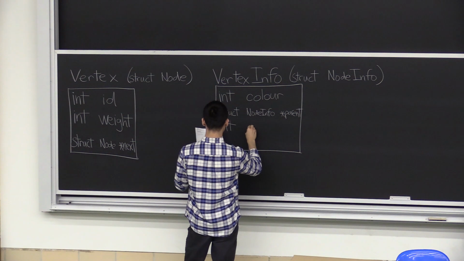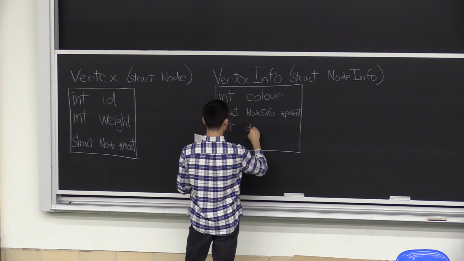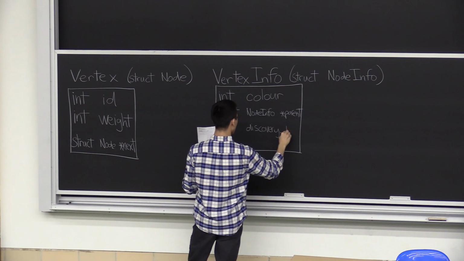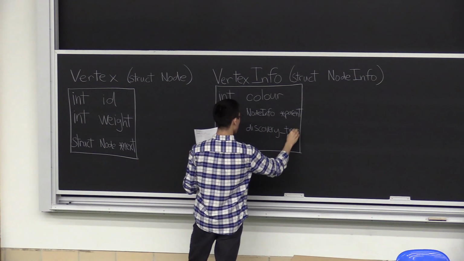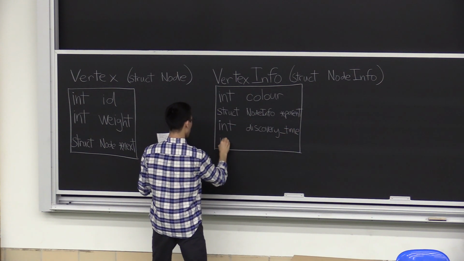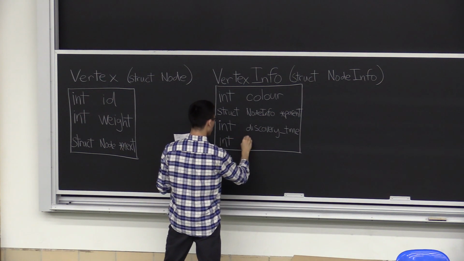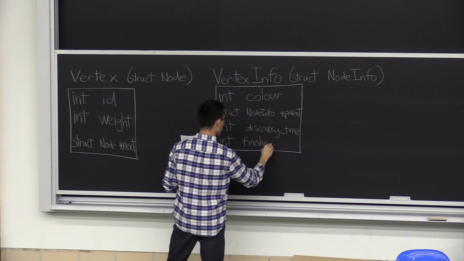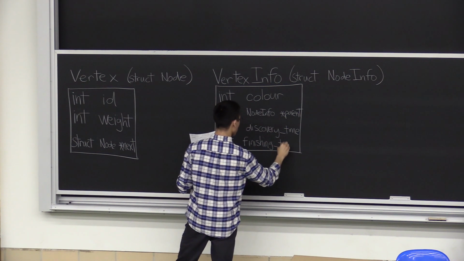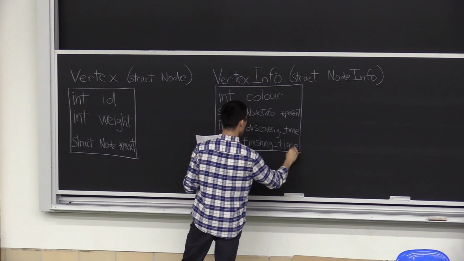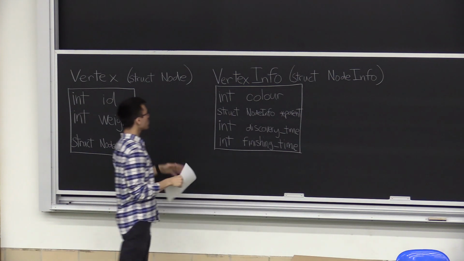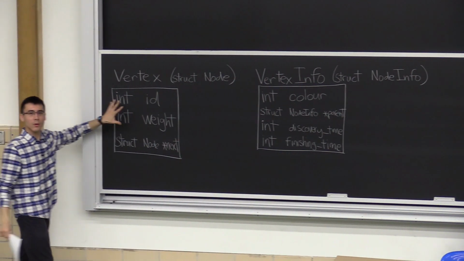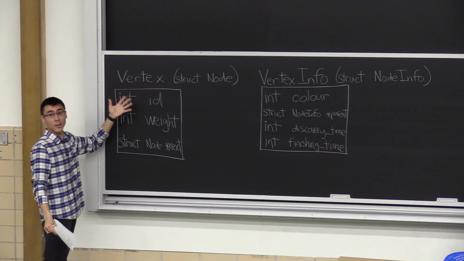So we're going to define an int discovery time, and then also an int finishing time. Okay? So this is going to correspond to all those nodes in your linked list.